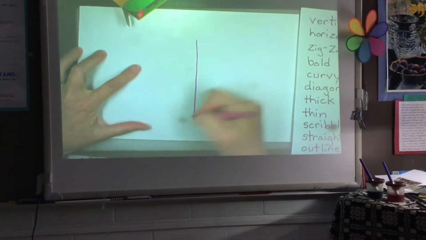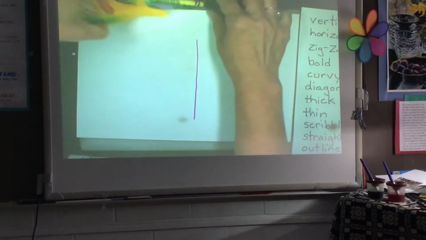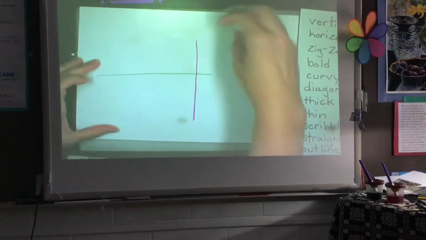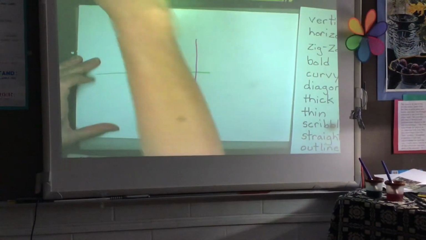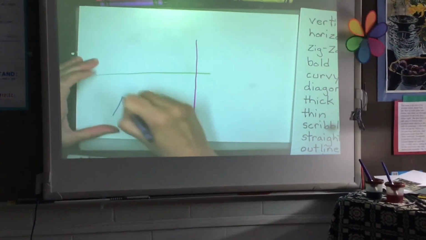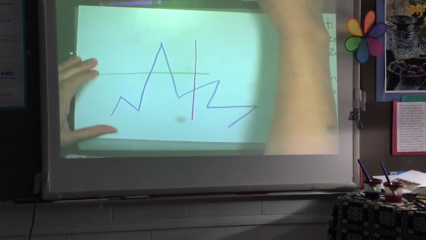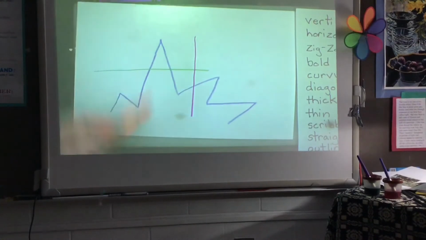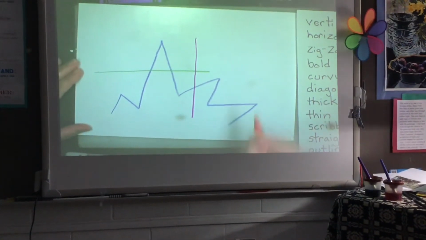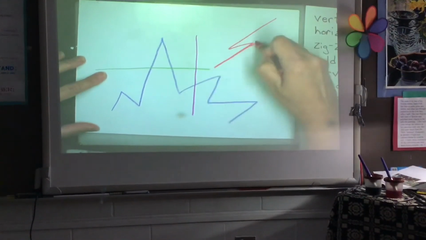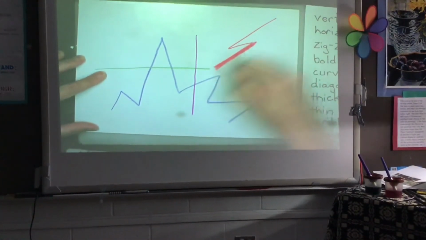Like I might draw a vertical line, and then I might make a horizontal line over here, and let's make a zigzag line. You can tell it's starting to become very abstract, a bold line. Where do I want to put maybe a bold line, like a big piece of lightning coming in?